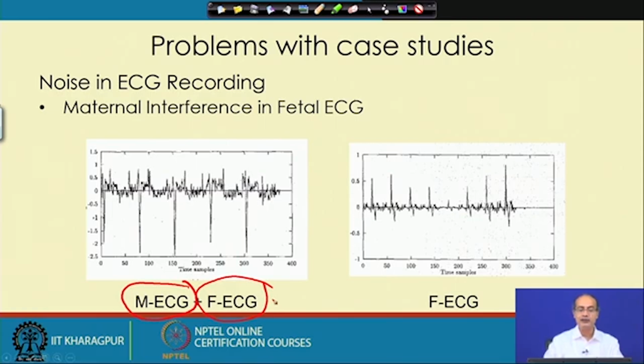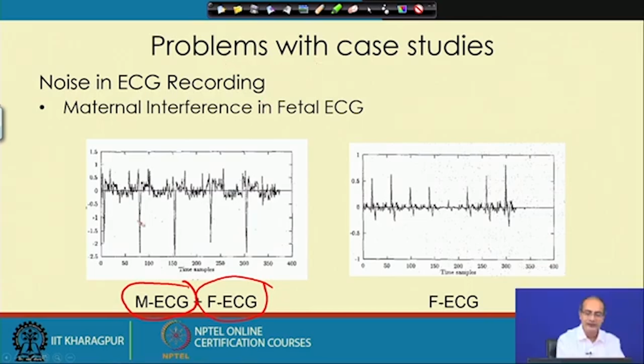In that case, the mother's ECG we would say is the interference or the noise. Your focus could also be the health of the mother. In that case, you will say that the fetus ECG is interfering with the mother's ECG and we need to remove it. So, depending on your focus, you select which is your signal and which is your noise.